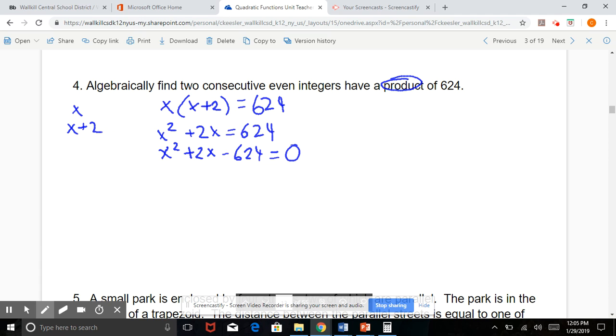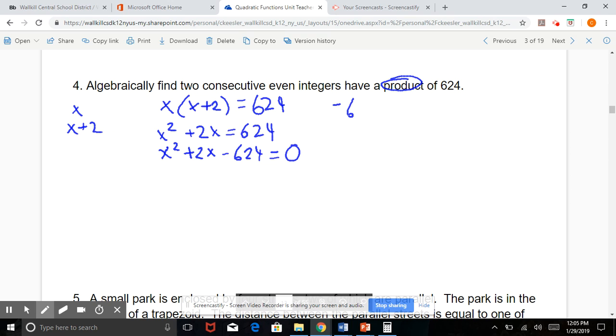Go into y equals, type in negative 624 divided by x, pull up the table, and look for factors that have a difference of 2. So if they have a difference of 2, I want to look for two numbers that are closer together, obviously. And I find that 24 and negative 26 are factors.